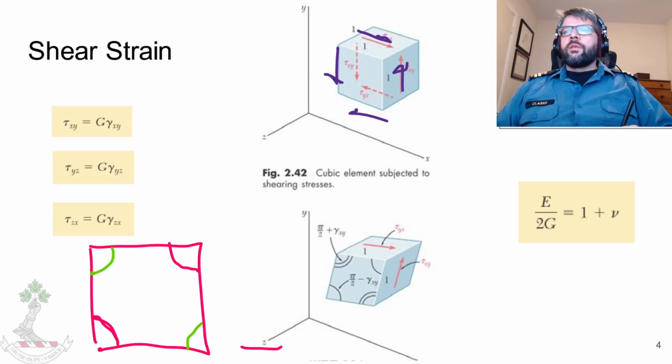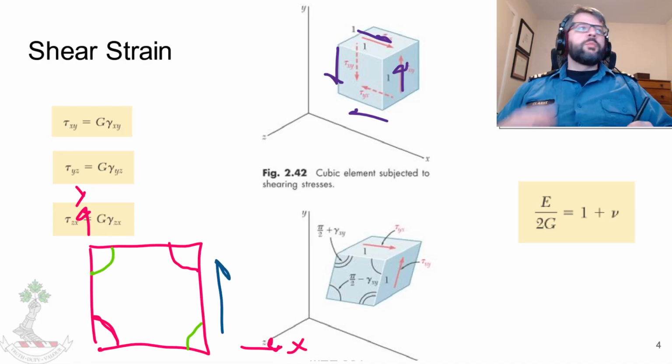So if we have an x, y coordinate system, and a positive xy shear stress, that means that on the positive x face we have a force pushing in the positive y direction, and on the positive y face we have a force pushing in the positive x direction.